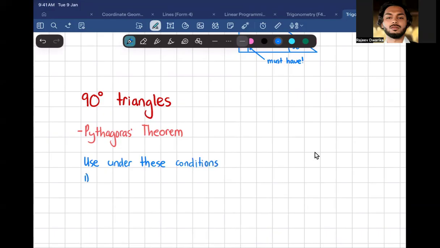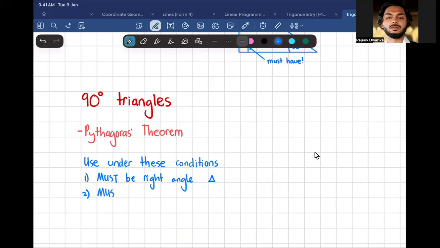The first condition: it must be a right angle triangle. If it's not a right angle triangle, what are you doing? You cannot use Pythagoras theorem if it's not a right angle triangle.